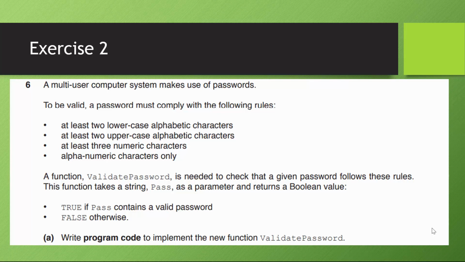A function validate password is needed to check that a given password follows these rules. This function takes a string pass as a parameter and returns a Boolean value: true if pass contains a valid password, false otherwise. Write program code to implement the new function validate password. So let's swing over and practice more problem solving by coding this out step by step.